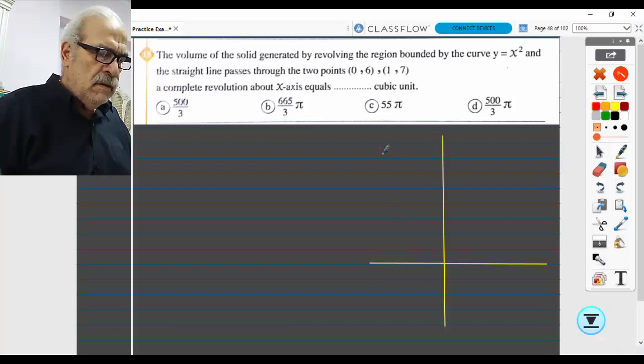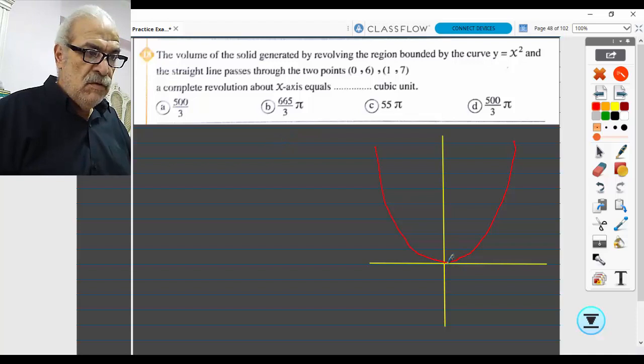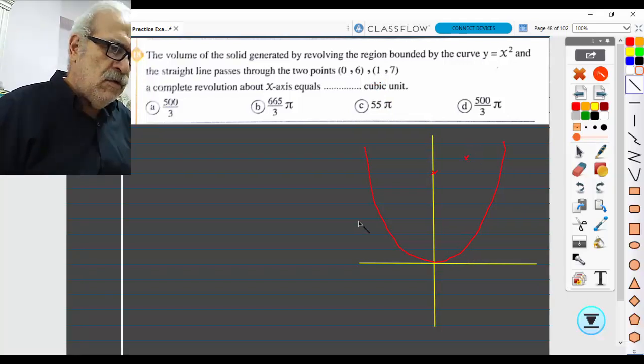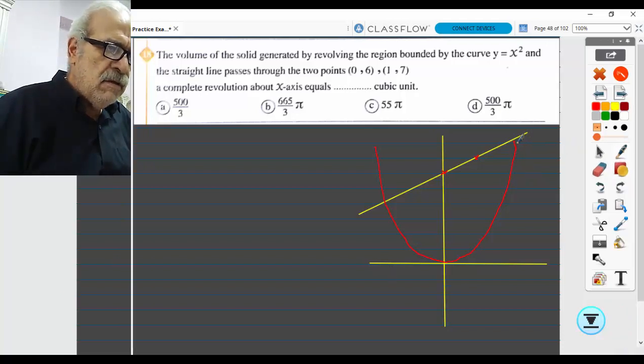So we have this is a part of the quadratic function here, and we have a straight line passing through the 2 points 0 and 6, and the other point is 1 and 7. We'll draw this straight line here, passing through the 2 points and cutting the curve at another point.